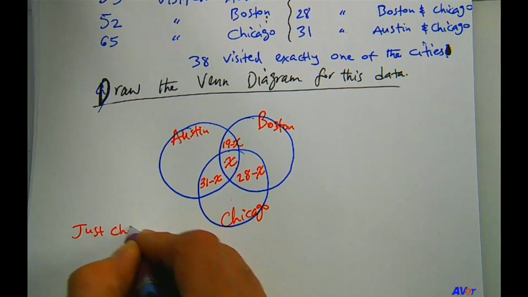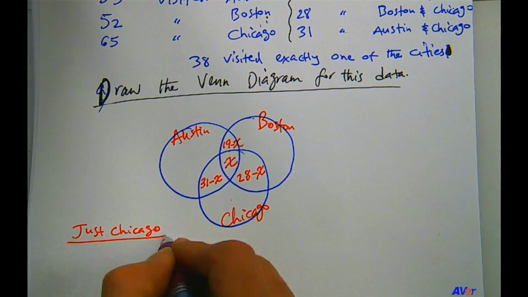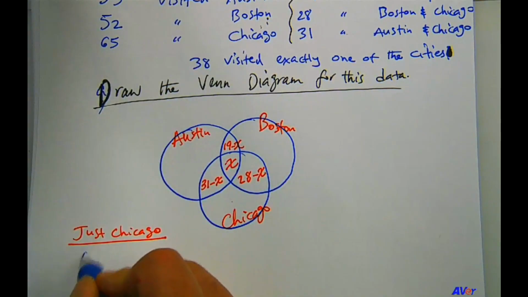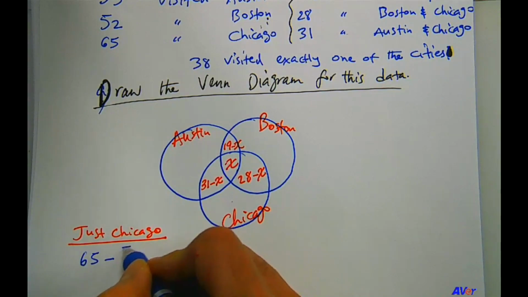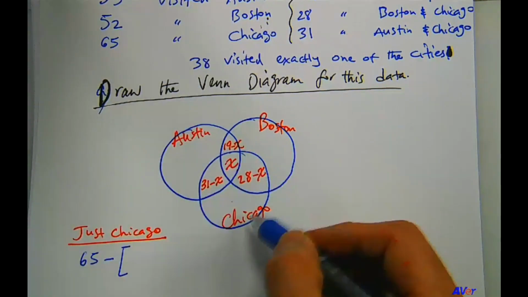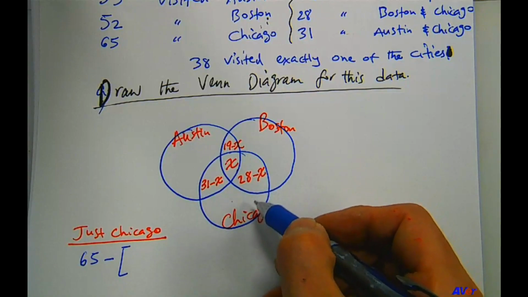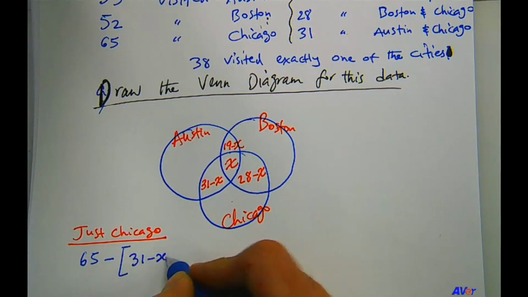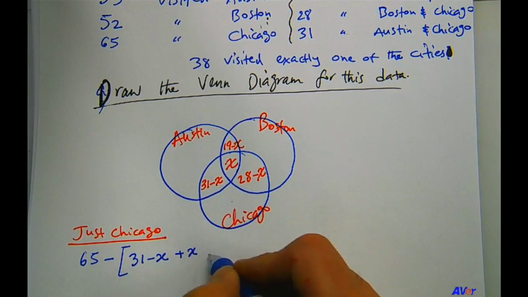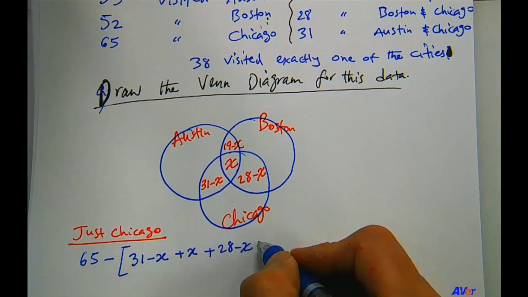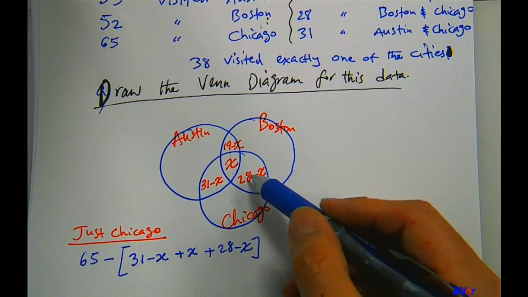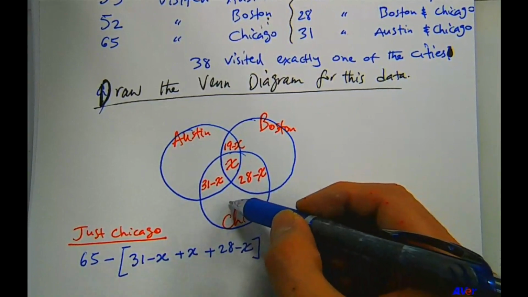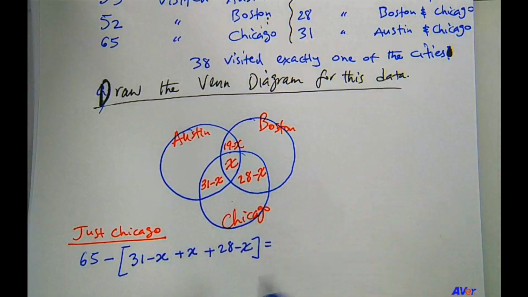Just Chicago would be 65 minus all of these guys: 31 minus X, plus X, plus 28 minus X. If you subtract all of this from 65, you know how many people should be in here. So let's calculate this.